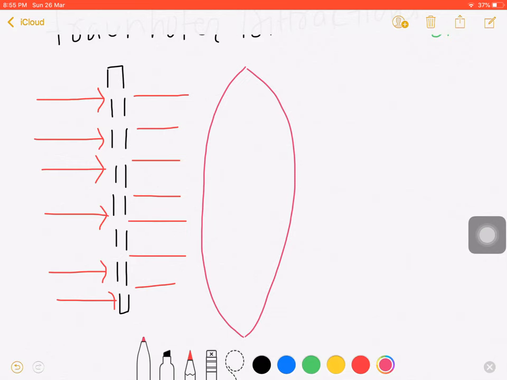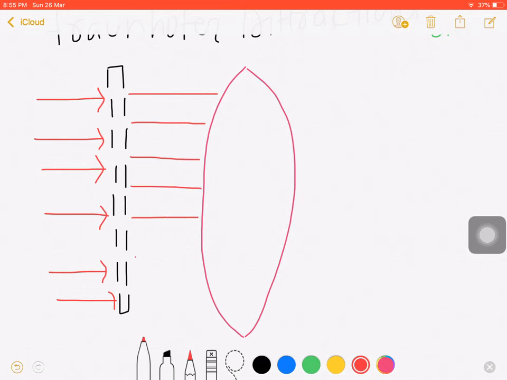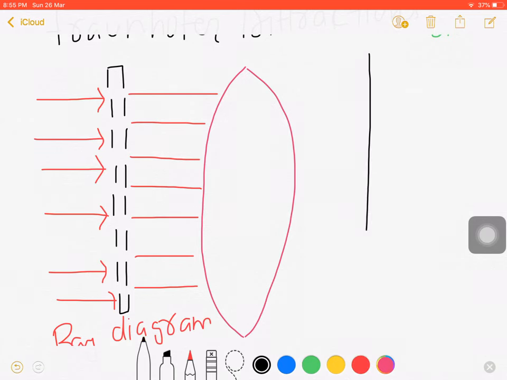Basically this is a ray diagram, and here we have a screen over here.